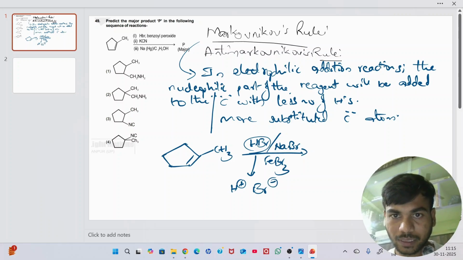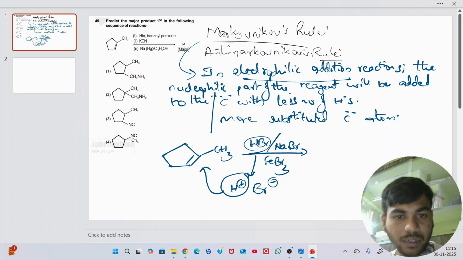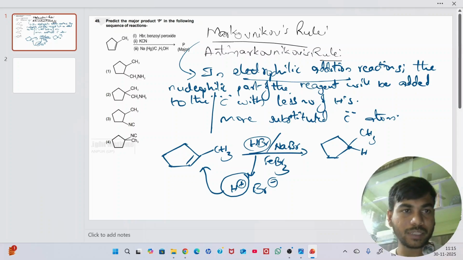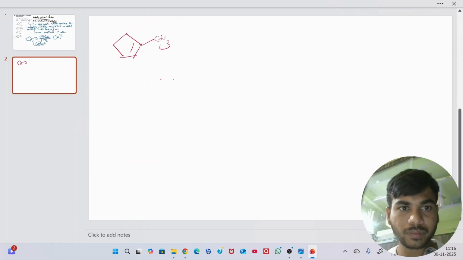As the name electrophilic addition indicates, first the electrophilic part of the reagent, that is H plus, will be added to the olefinic center of the molecule. You have two possibilities: you can add this H plus at either carbon.